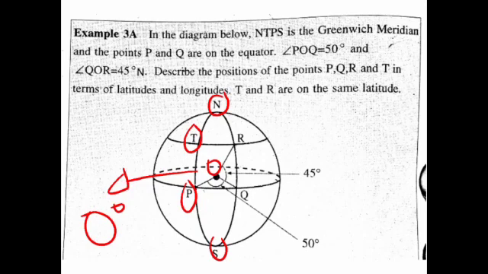Describe the positions of the points P, Q, R, and T in terms of latitudes and longitudes. T and R are lying on the same latitude. So how can we describe the positions, or how can we allocate these points?